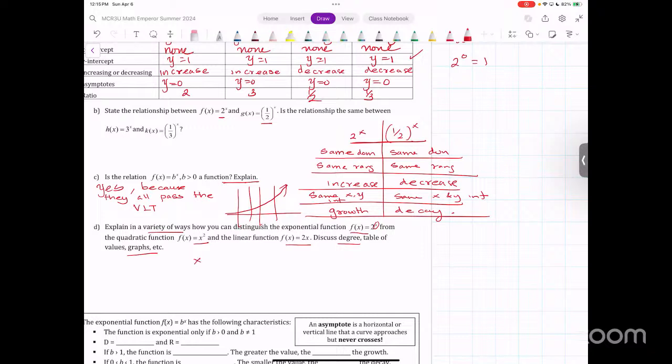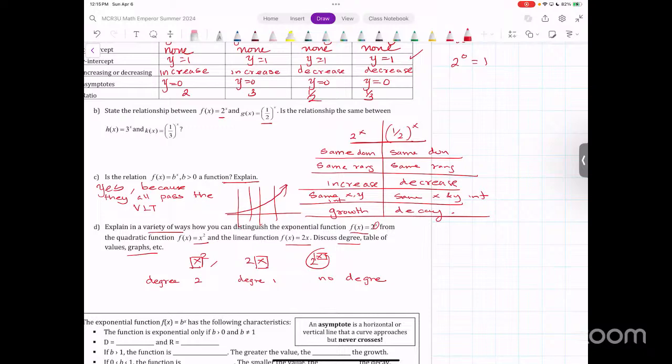If you look at x squared, 2x, and 2 to the power of x, x exists in the base, in the base, and in the exponent. Yes, the degree for this is 2. The degree for this is 1. This doesn't have a degree because it doesn't have an x to a power.